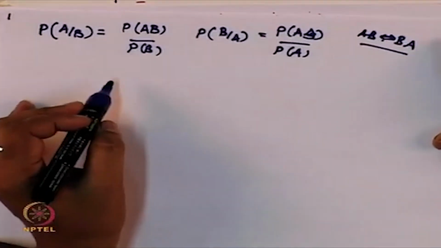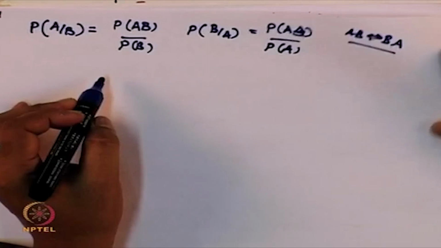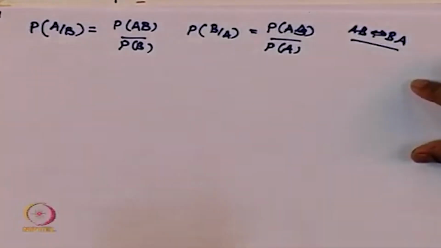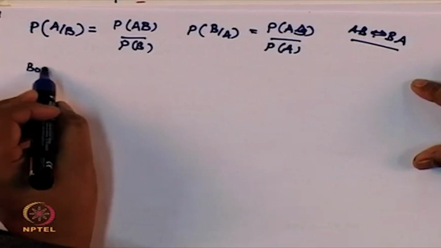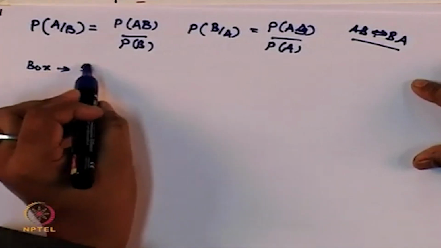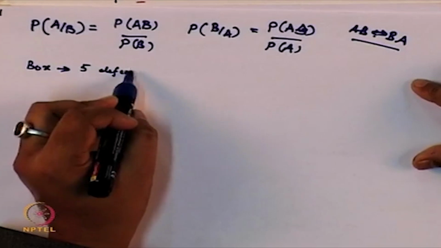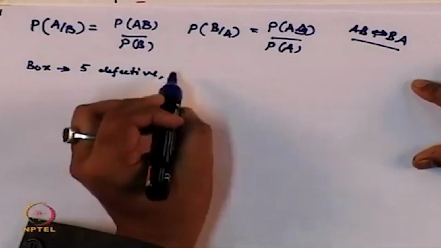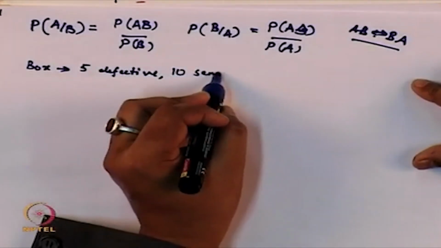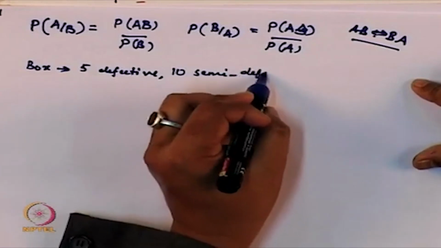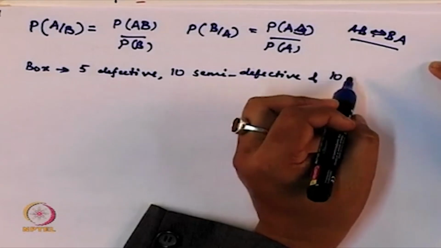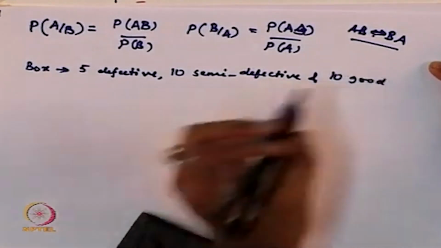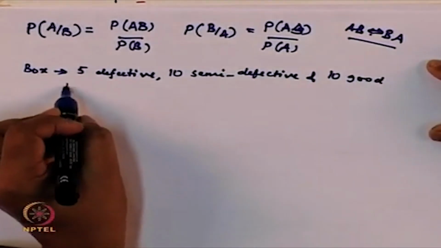Let us consider a simple example. Imagine you have a box which has 5 defective, 10 semi defective and 10 good pencils.